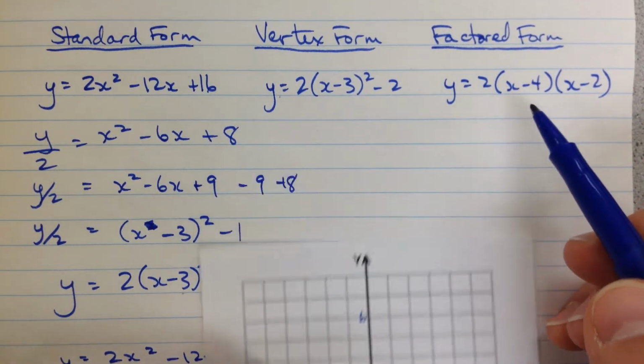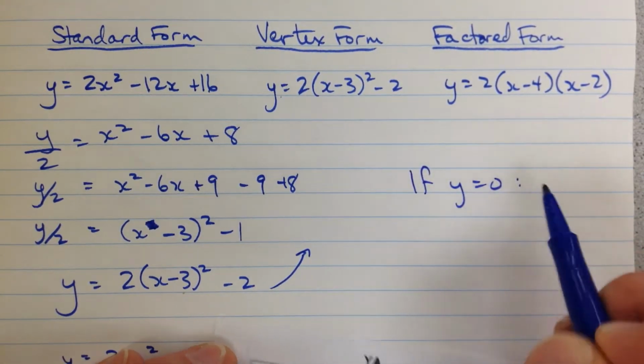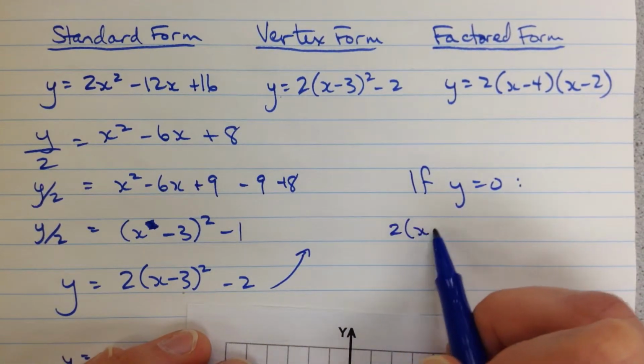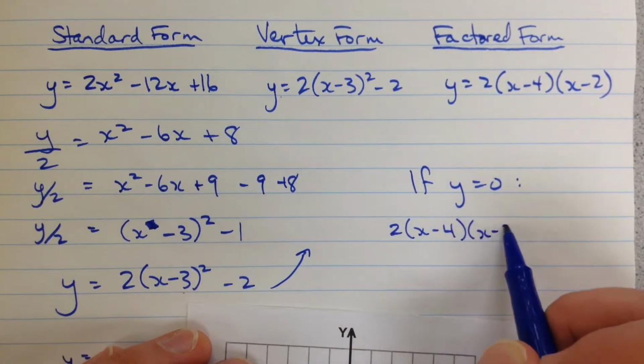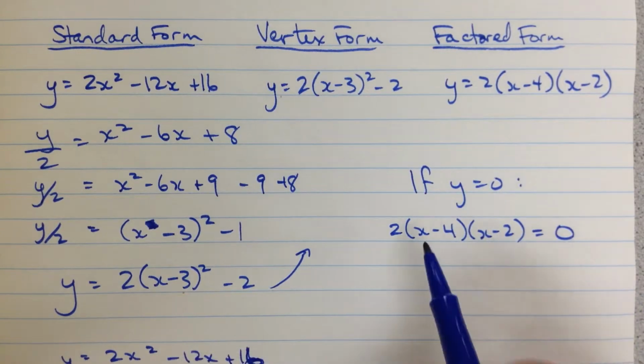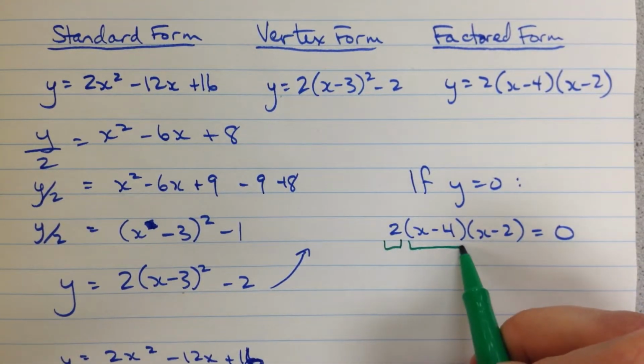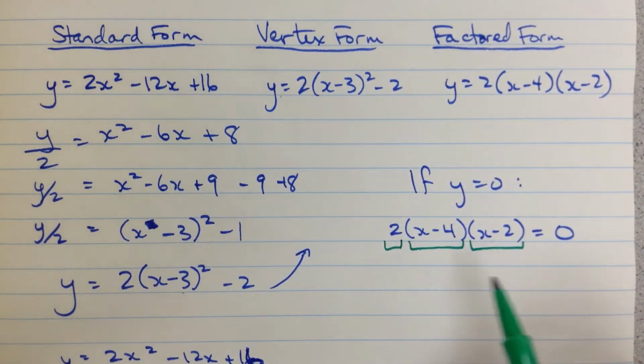And so if y equals 0, that would mean that 2 times x minus 4 times x minus 2, using the factored form, equals 0. Well, I have 3 numbers, 1, 2, 3, all multiplied together, and the final answer is 0.